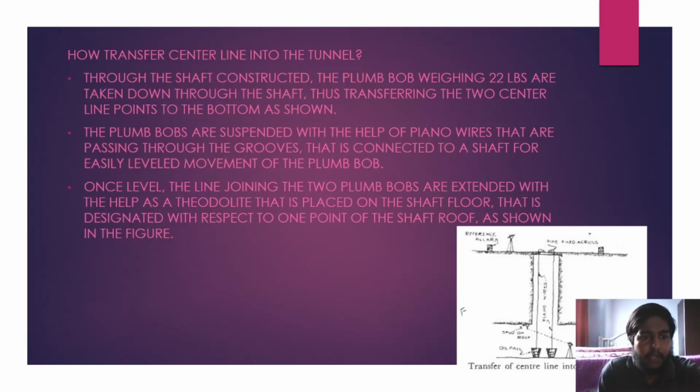The same piano wire and plumb bob combination can be used to transfer the tunnel grade to the shaft bottom. Here, 5 feet below the spring line level, two points are marked on the wire.